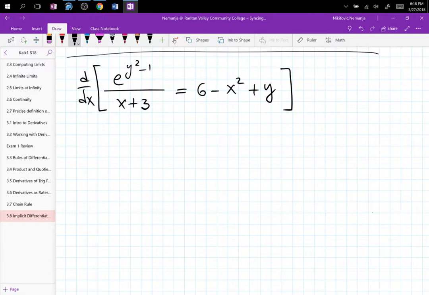Will it cross multiply? Or you can cross multiply, then take the derivative of each separately. So this problem looks really bad.